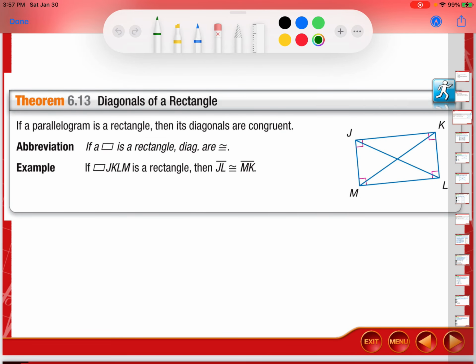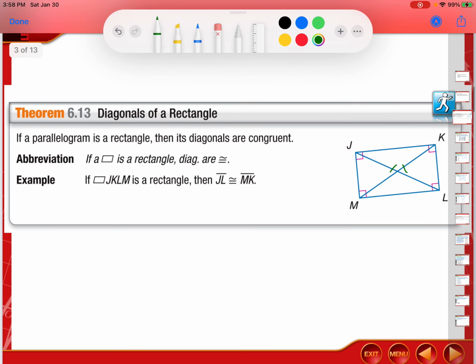So if a parallelogram is a rectangle, then its diagonals are congruent. So that would mean lines JL and MK would be congruent. They're going to be the same length.